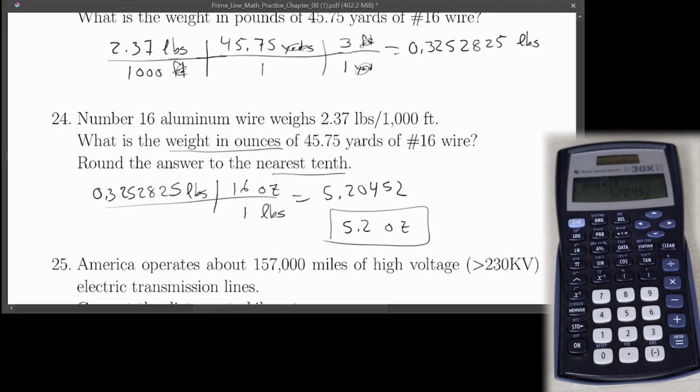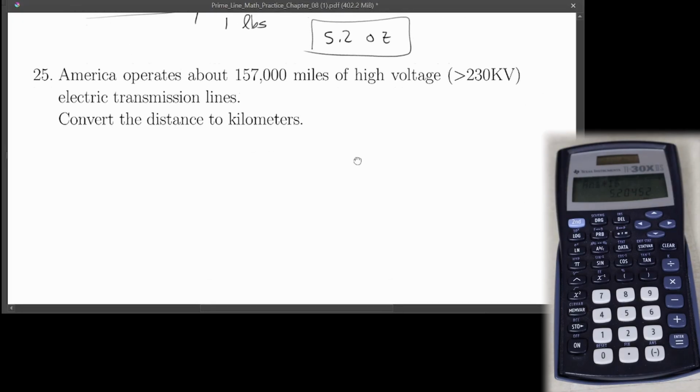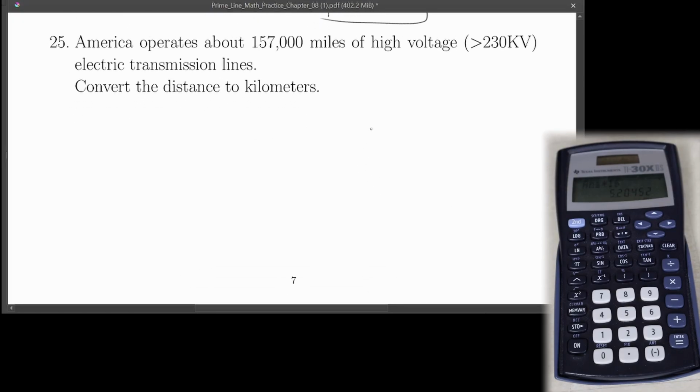Okay, number 25. So we have a certain amount of miles of high voltage transmission line. We want to convert the distance to kilometers.